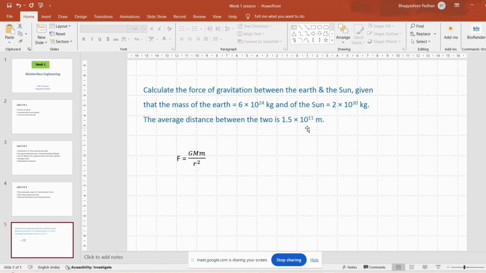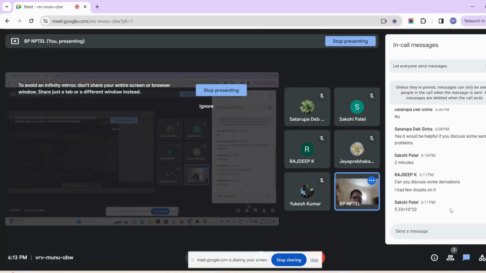So if you subtract 43 minus 22, you'll get 21, and then 80 divided by 2.25 for this r square would give you 35.55. So basically the answer will be 3.5 into 10 power 22. So I think you made some mistakes in the calculation.